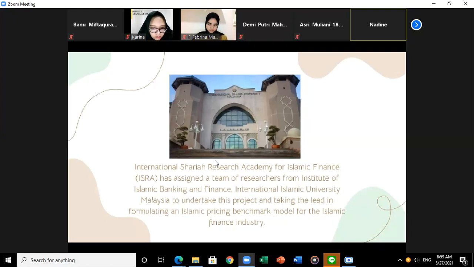The International Sharia Research Academy for Islamic Finance, or ISRA, has assigned a team of researchers from the Institute of Islamic Banking and Finance, International Islamic University Malaysia, to undertake this project and take the lead in formulating an Islamic pricing benchmark model for the Islamic finance industry.